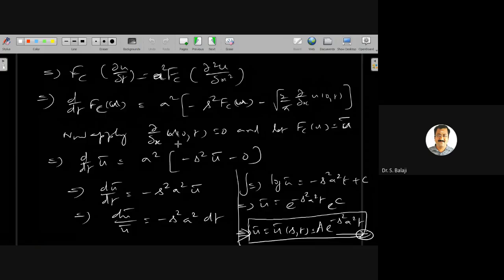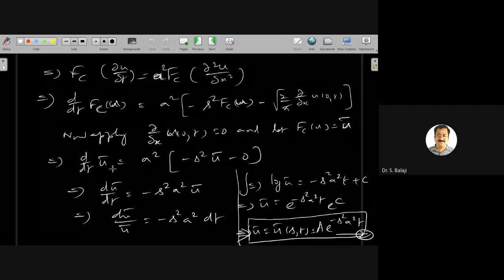So now apply dou by dou x of u bar of 0 comma t equals 0. This is 0. And assume that Fc of u equals u bar, the Fourier cosine transform, u bar of s comma t.